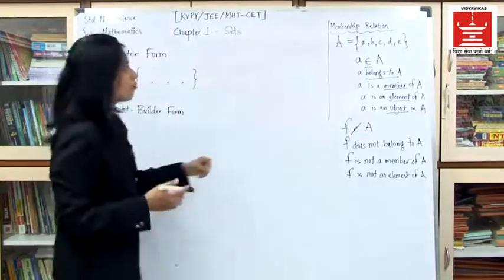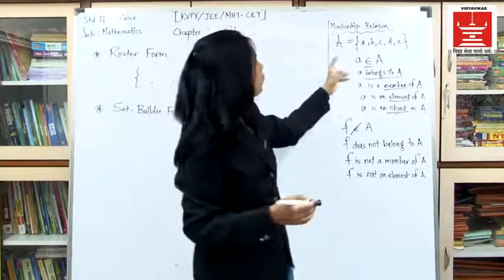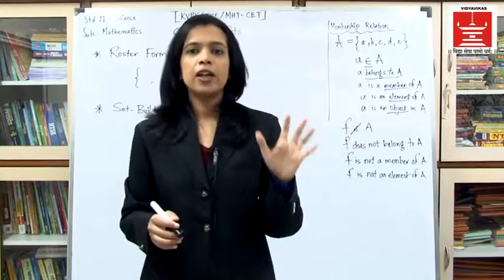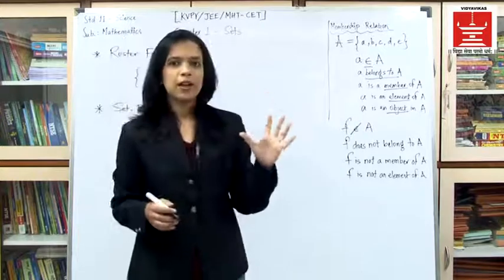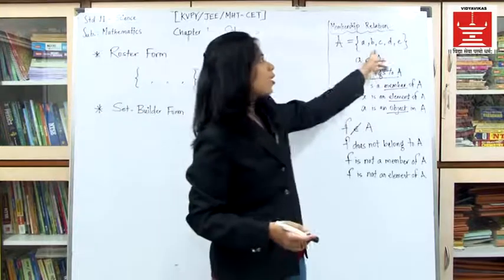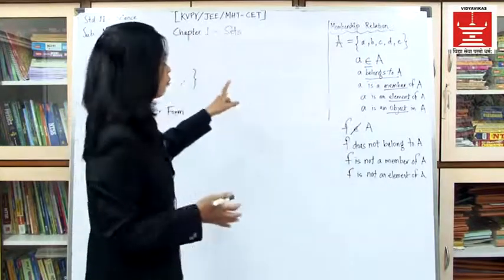So for example, here the members of the set are a, b, c, d, e, the first 5 English alphabets, right? First 5 letters from the English alphabet. In fact, they are all small case letters. So this is the description for this set.